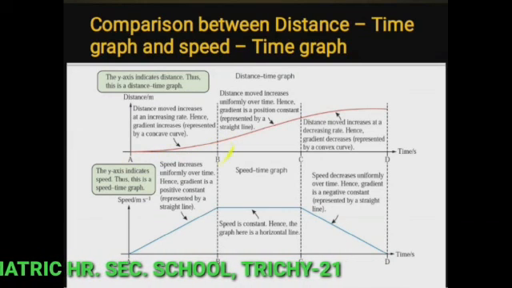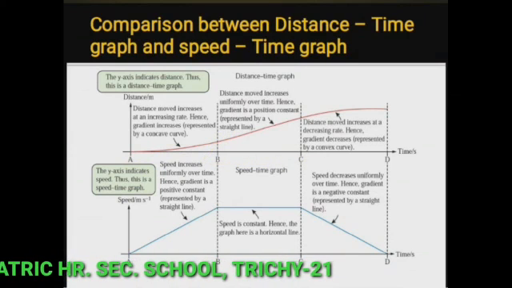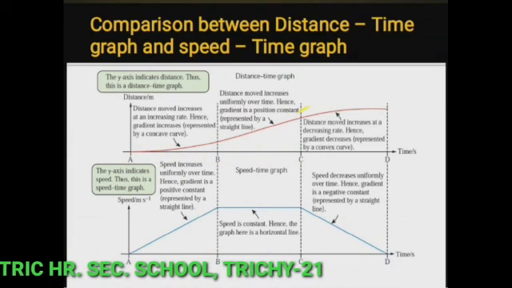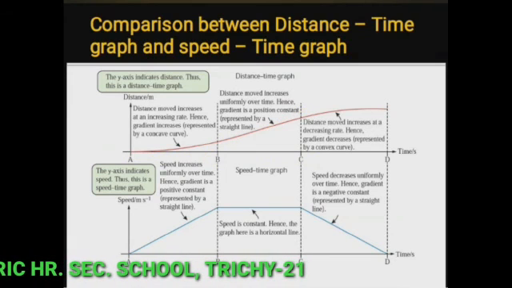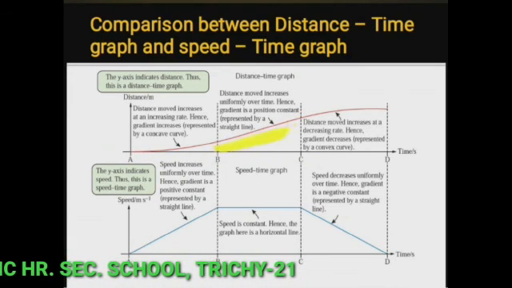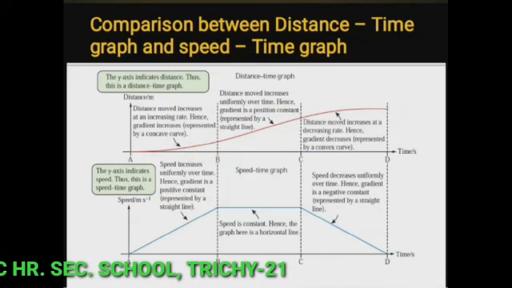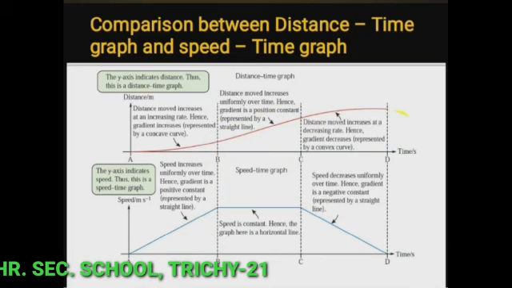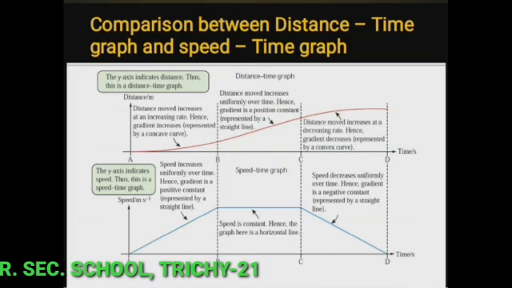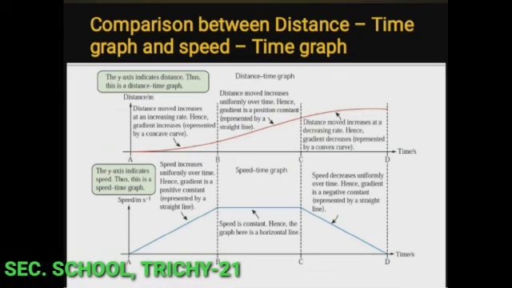Then from B to C, distance moved increases uniformly over time. So hence gradient is a constant. So it represents a straight line. Then from C to D, distance moved increases at a decreasing rate. So here it decreases slowly. So here gradient decreases.